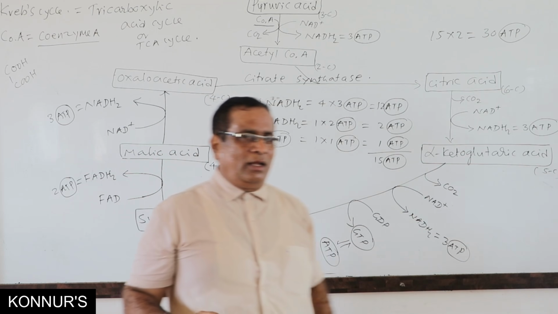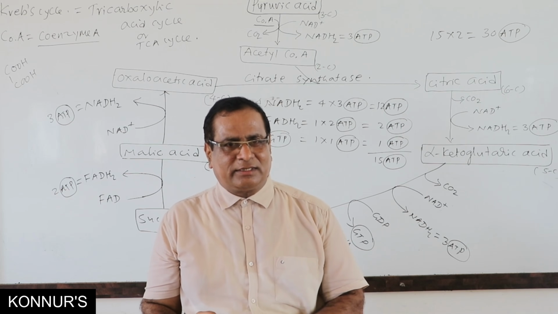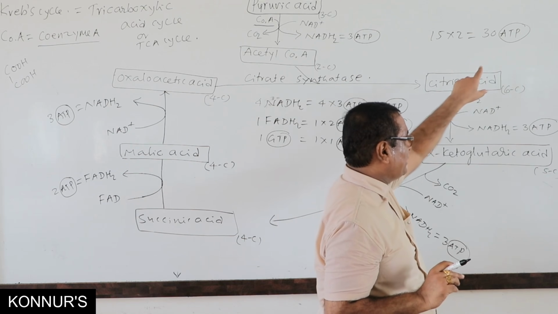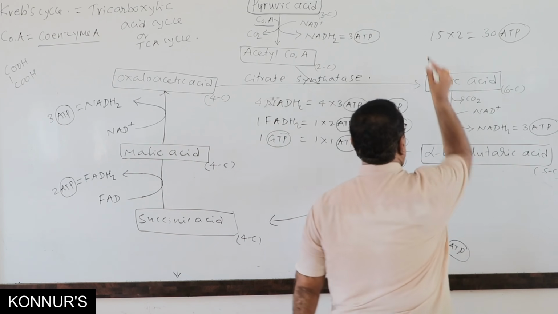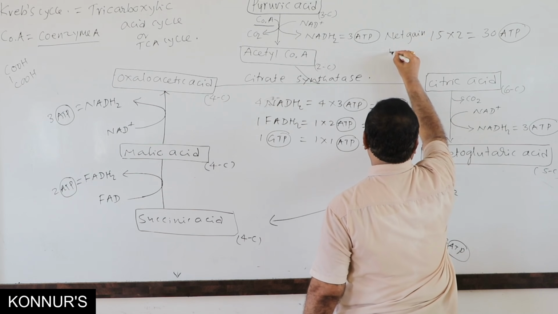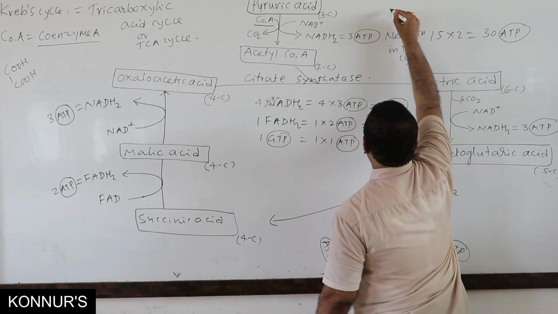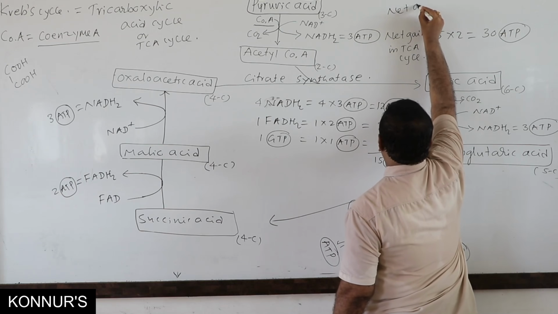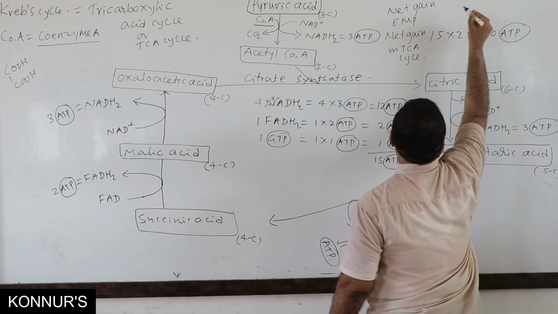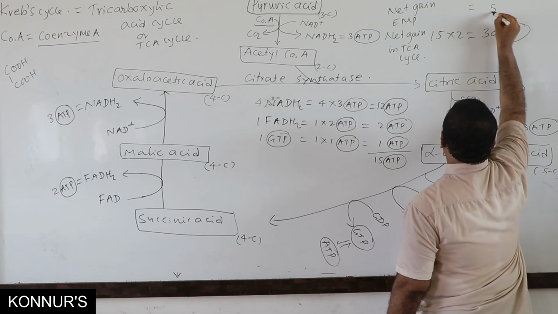While dealing with glycolysis, net gain of energy in glycolysis, 8 ATPs. And net gain of energy in Krebs cycle, 30 ATPs. This is the net gain in a TCA cycle, and the net gain in EMP pathway is 8 ATPs.